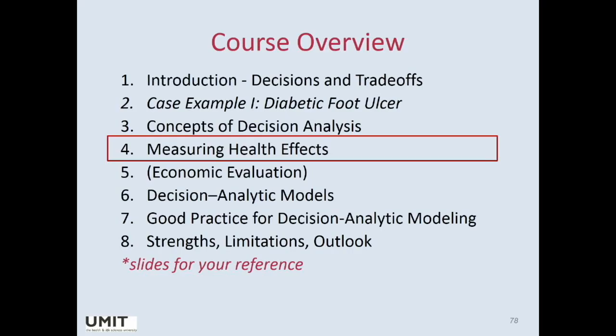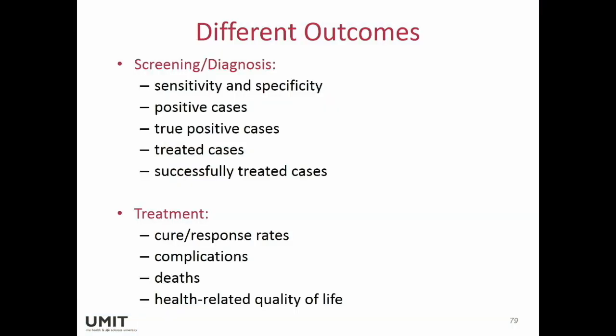Measuring health effects. So there are different outcomes, as you know. When you think of screening or diagnosis, the outcomes of the studies that you get are sensitivity or specificity. Furthermore, information about positive cases, true positive cases, treated cases, or successfully treated cases.